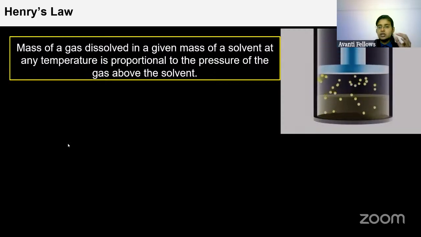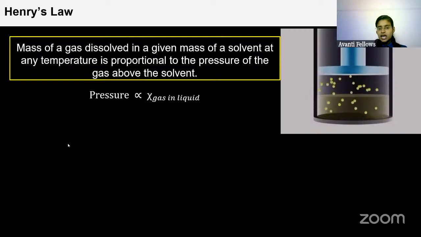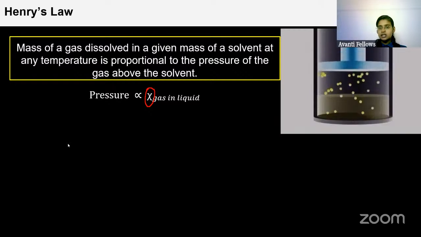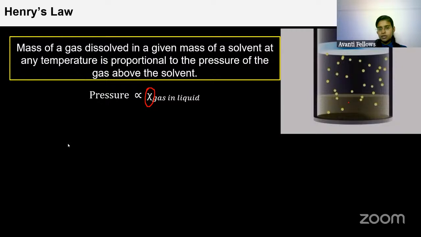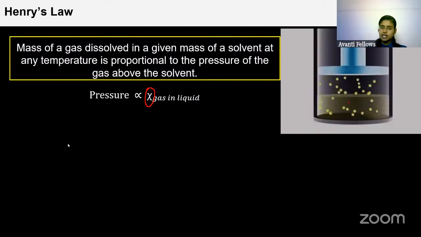Okay. So the mass is related with mole fraction, right? So what I can say is, the pressure is directly proportional to the mole fraction of the gas in the liquid. The mole fraction is denoted by the letter X. Suppose in this container I have two particles A and B; to find out the fraction of only particle A, I will find the mole fraction of A. So mole fraction has one formula.